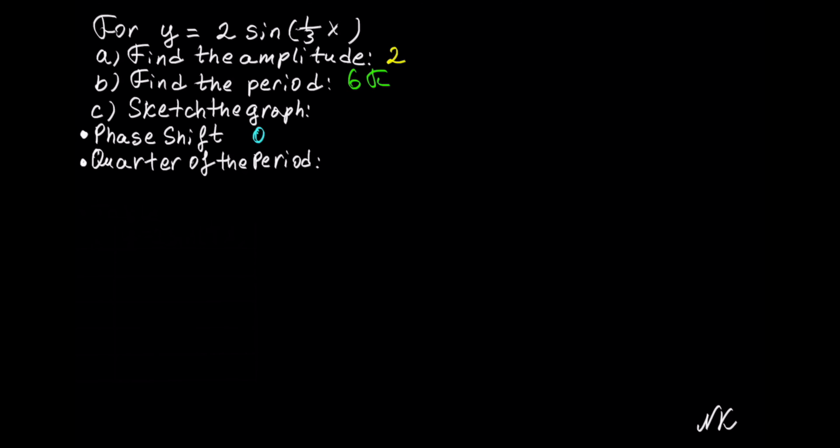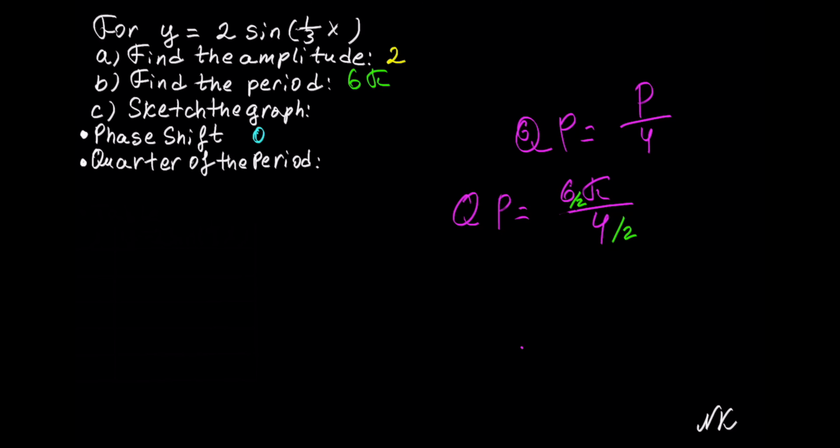The next thing we need to calculate is a quarter of the period. In order to calculate a quarter of the period, we just have to take the period and divide it into 4 equal pieces. So a quarter of the period is equal to the period, 6 pi, divided by 4. 6 and 4 can both be divided by 2, so we can reduce the numerator and denominator by 2.